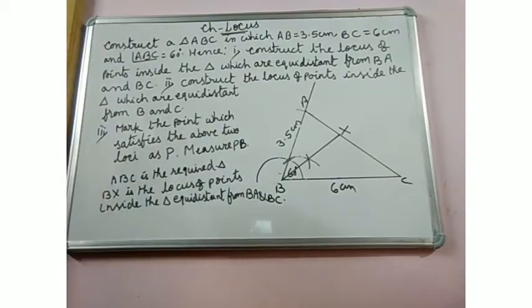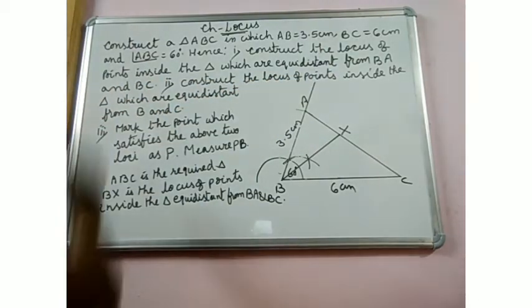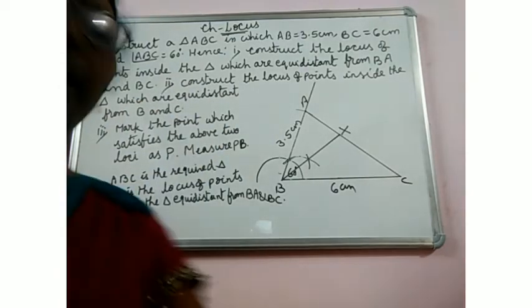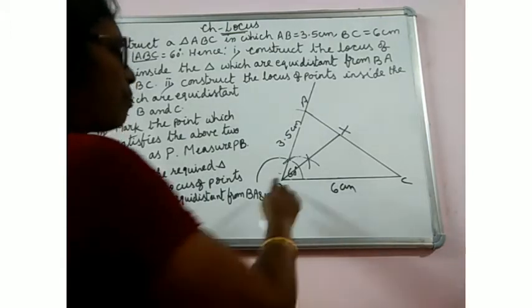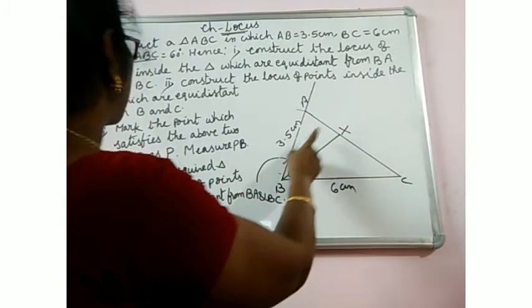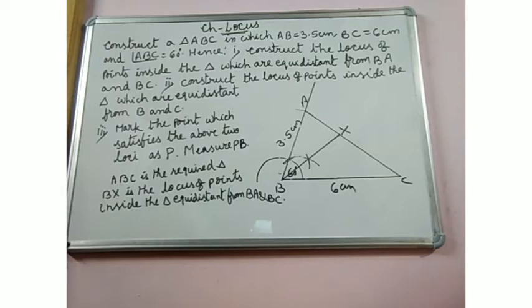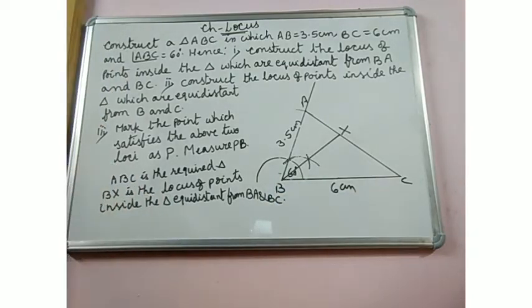Now, second bit is construct the locus of points inside the triangle which are equidistant from B and C. That too you have learned: the locus of the points equidistant from two points is the perpendicular bisector of the line segment joining the points.